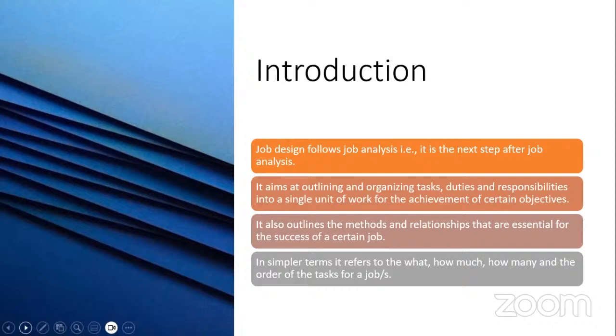It also outlines the methods and relationships that are essential for the success of a certain job. In simpler terms, it refers to the what, how much, how many, and the order of the tasks for a job or jobs.